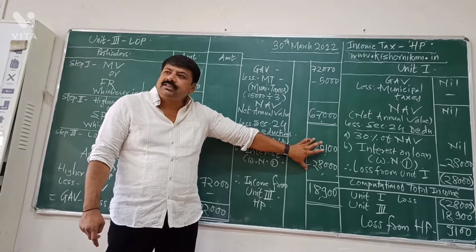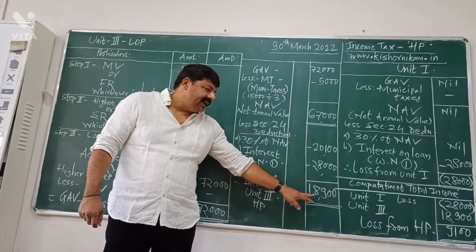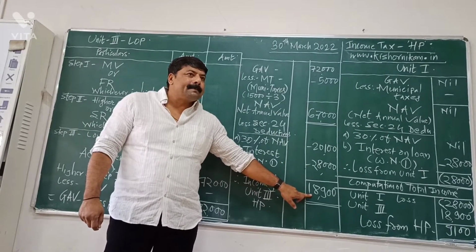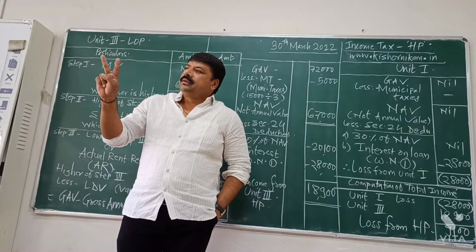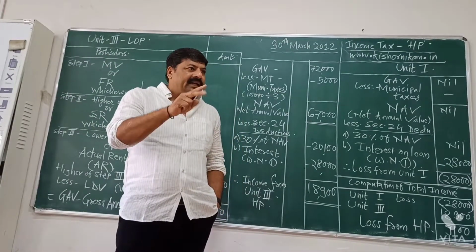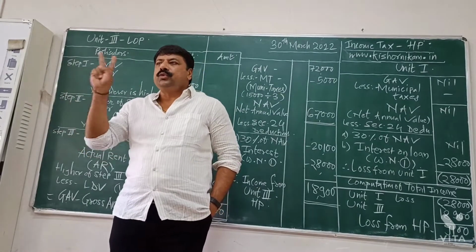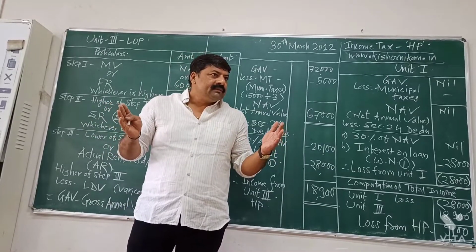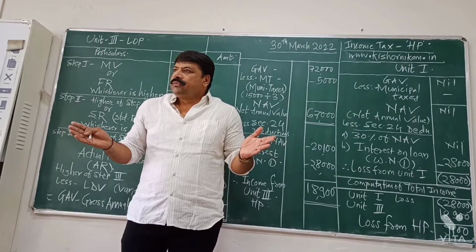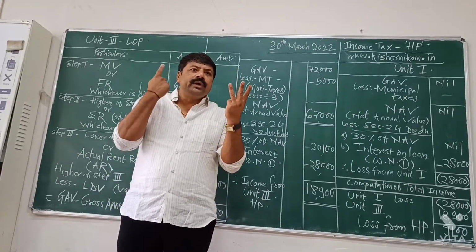After deducting these 2 figures, the final income from unit 3 is 18,900. This is for unit 3. For unit 2, I told you that all incomes and expenses relating to unit 2 will be considered in a separate head of income, business and profession. We are calculating house property. So we will calculate only unit 3 and unit 1.